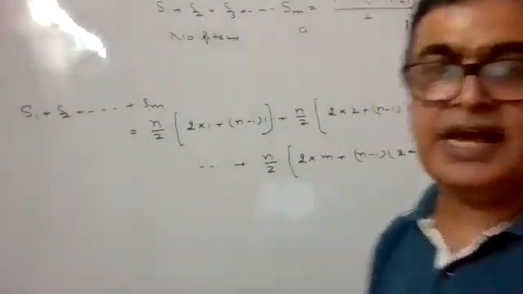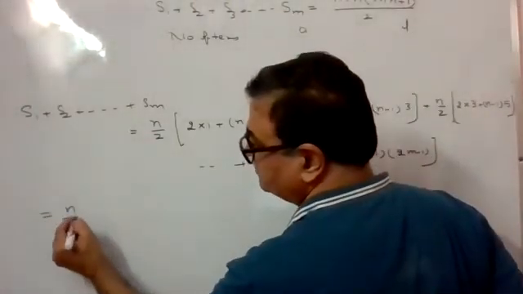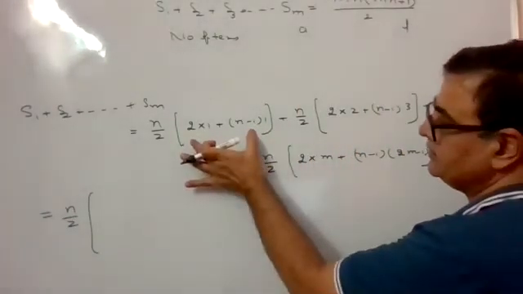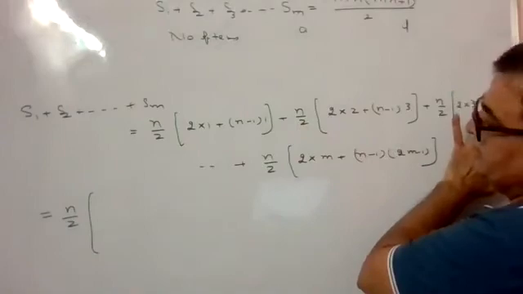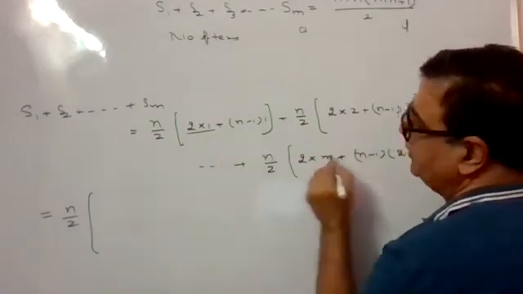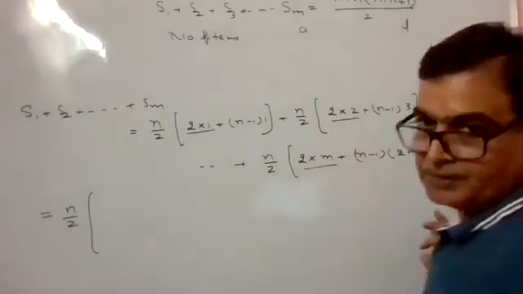Then in this case, every term will give n by 2 common, so I will take that. Then left is this, plus this, plus this, plus this. Now I'll collect these terms together: 2 into 1, 2 into 2, 2 into 3, 2 into m.